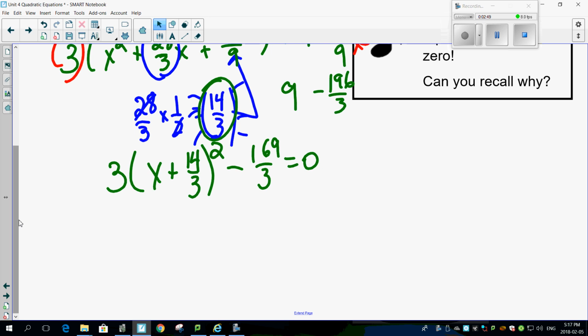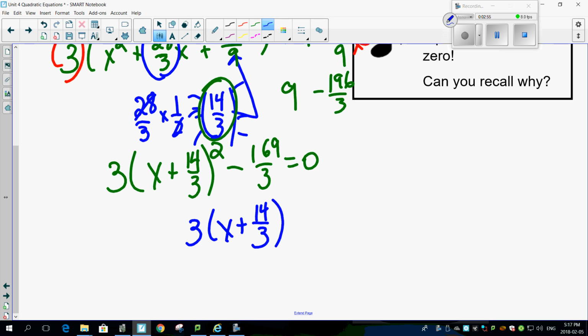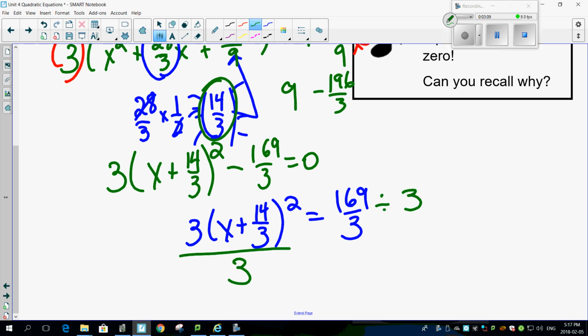All right, so let's bring this over to the other side. So we got 3x plus 14 over 3 squared equals 196 over 3. Check this out. This is going to just totally surprise you. Divide each one by 3. Divide by 3, which means multiply by a third, if you remember your fractions. If not, just bring up the calculator.